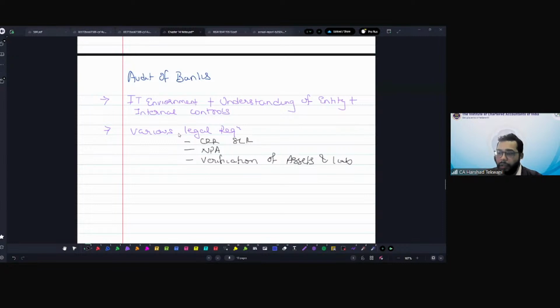Okay, then comes the capital adequacy. Then comes the various other requirements, other legal requirements.